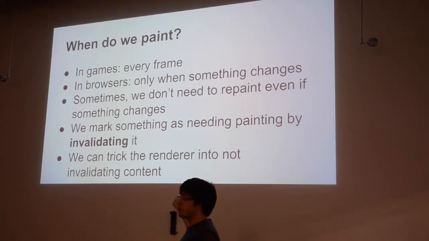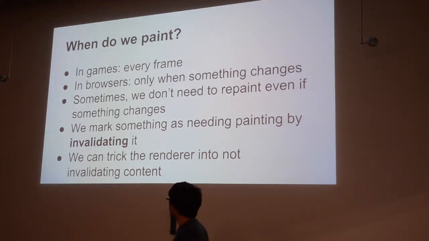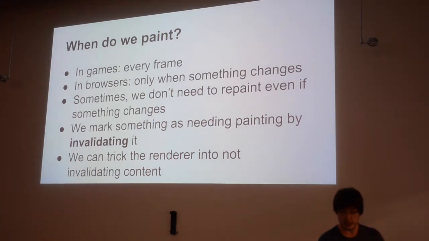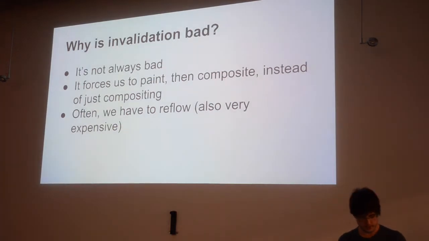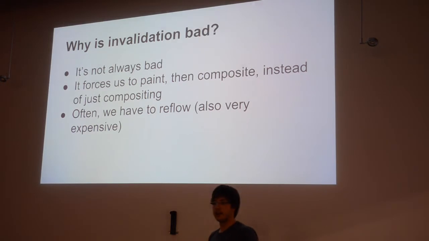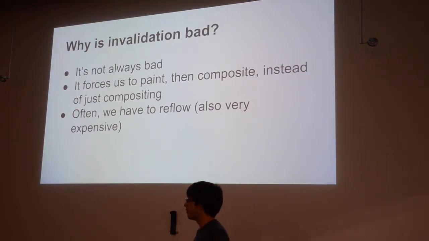Right, so when we need to repaint something, we mark it as invalidated. And we can trick the renderer into not invalidating content, which is basically the thrust of doing animations and transitions. Because remember, painting is very expensive. So why is invalidation bad? For starters, it's not actually always bad. When something changes, we sometimes just have to repaint it, and there's nothing we can do about that. That's a good thing.